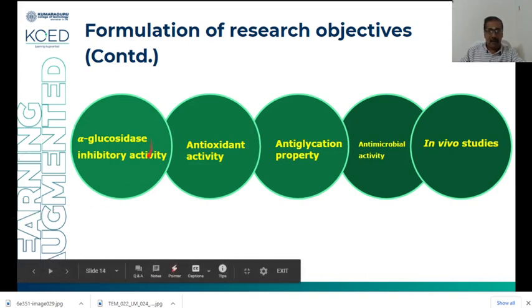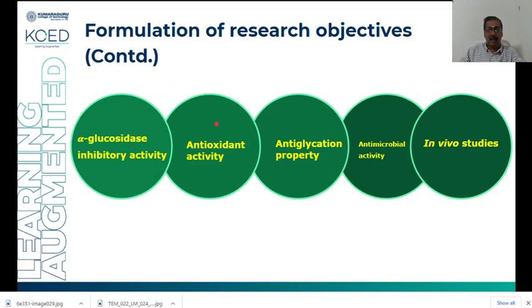After confirming this basic backbone, and after establishing the alpha glucosidase inhibitory effect, I can go for antioxidant, because in diabetes, free radicals will be generated due to glycation. So anti-glycation and antioxidant are interlinked with each other. You can look for antioxidant property. If your selected plant extract or marine extract possesses a very significant antioxidant activity, you can go for anti-glycation. You can link alpha glucosidase inhibition with anti-glycation property.